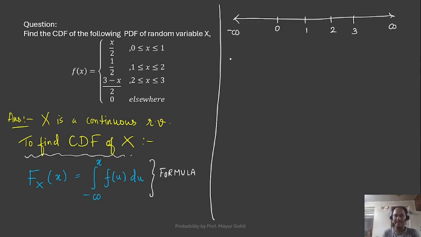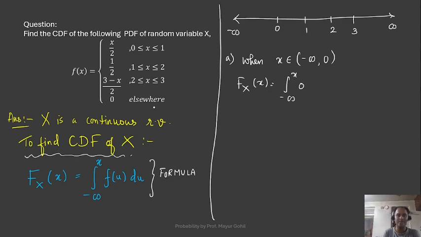So it starts like this. Let's say when x belongs to the interval minus infinity to 0, what is the situation in that case? Here our definition is F of x equals the integral from minus infinity to x, and the value of the function is 0 over there.